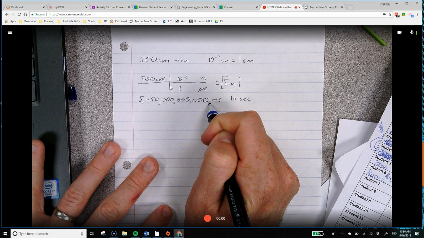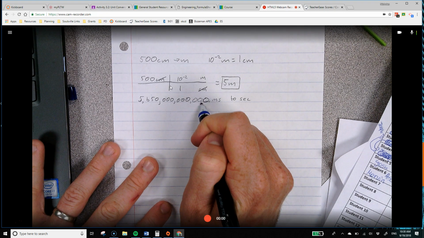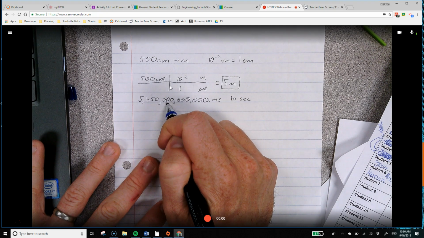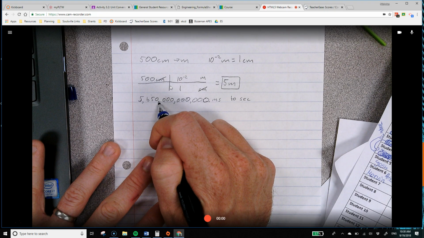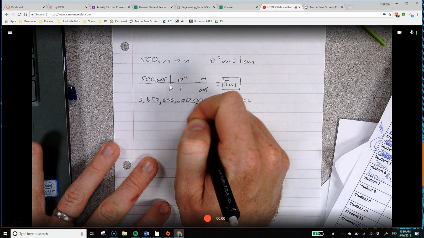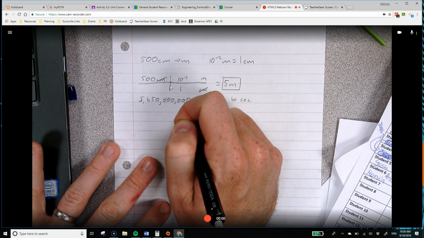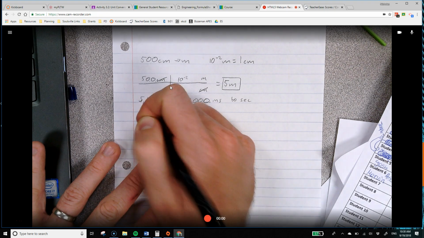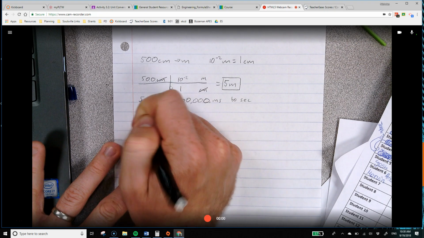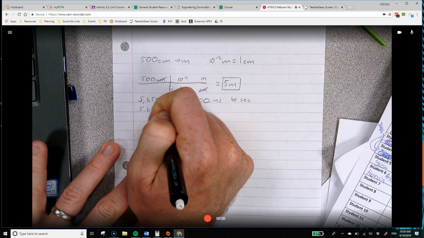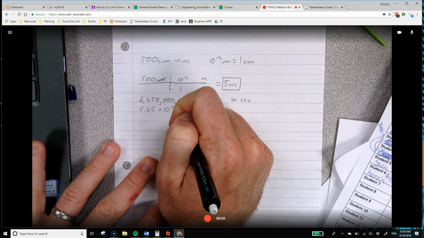My decimal point is currently right here. So if I move it 1, 2, 3, 4, 5, 6, 7, 8, 9, 10, 11, hold on, that's not right. 1, 2, 3, 4, 5, 6, 7, 8, 9, 10, 11, 12. There we go. Then if I move it 12 spaces to the left, then I go 5.65 times 10 to the 12th milliseconds.